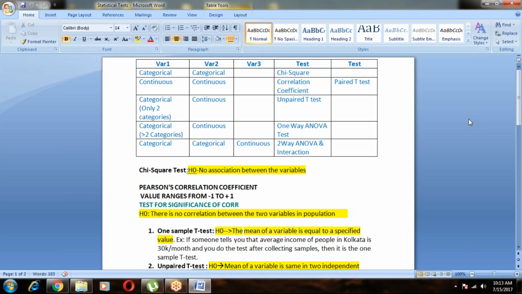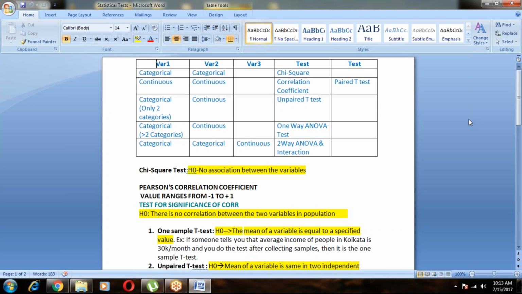Next is the paired t-test. When you have two continuous data, we can also use the paired t-test. Let me give you one example. Let's say I want to know whether there is any increase in the average sales after the advertisement.